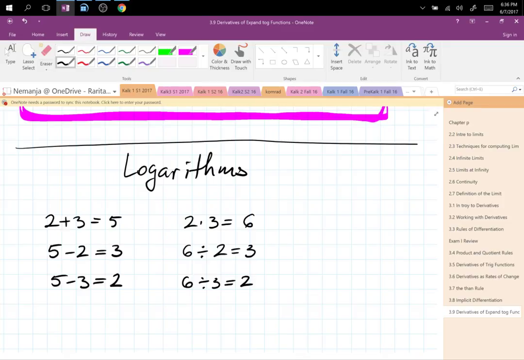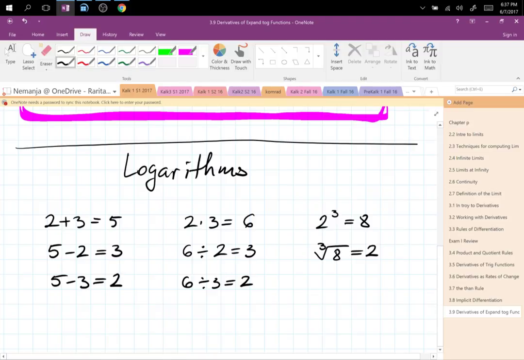But multiplication is some kind of fast addition, right? But now I can say 2 cubed is equal to 8. So this is repeated multiplication. It's like an uber fast addition. Now you can take a cube root of 8 and get 2.